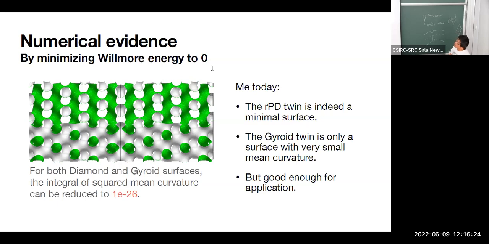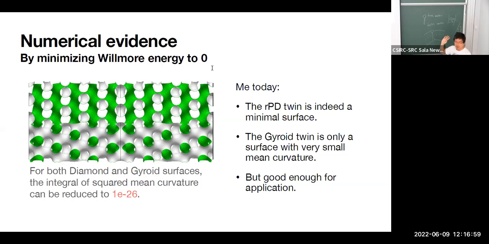And I instead minimize the so-called Willmore energy, which is the integral of squared mean curvature. And if I can minimize this to 0, it means the mean curvature is 0 everywhere. And I get a picture of this gyroid, the twinning of gyroid. Actually, for both the diamond and gyroid, I can minimize the mean curvature down to 10 to the minus 26.